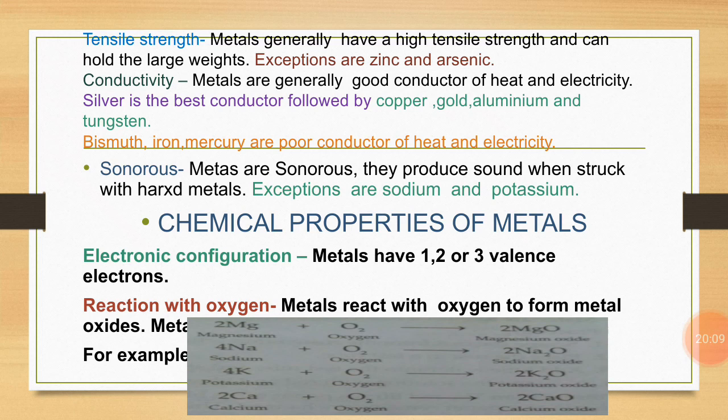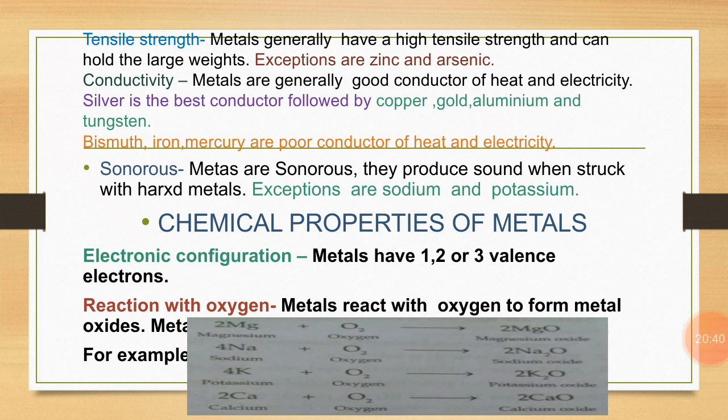So this experiment shows the nature of the oxide formed by this method. Because it turns red litmus paper blue, we can say that the nature of the oxide is basic. So metals generally form metal oxides, and the nature of that oxide is basic.